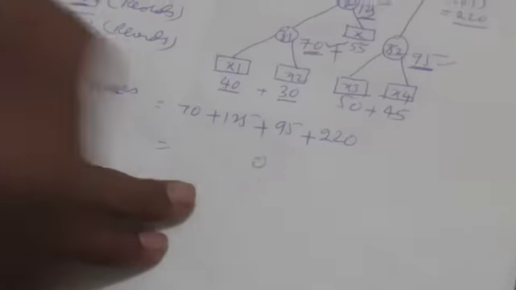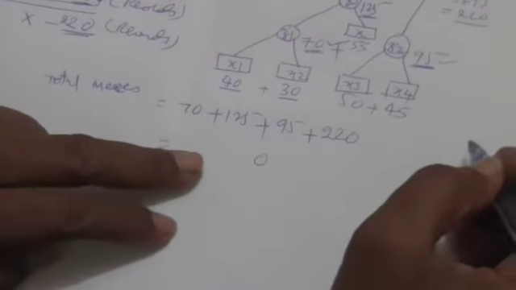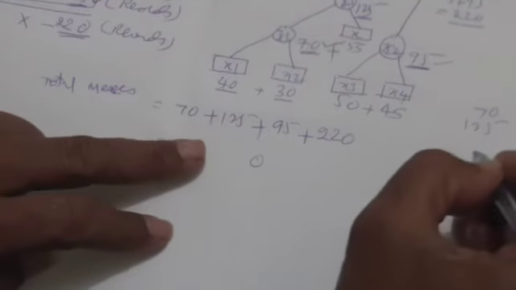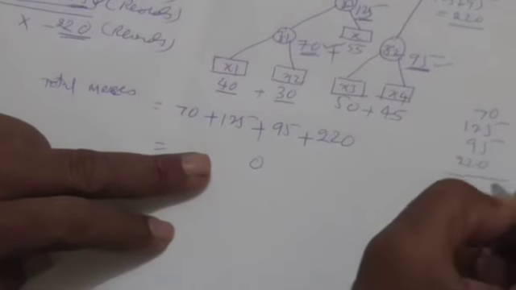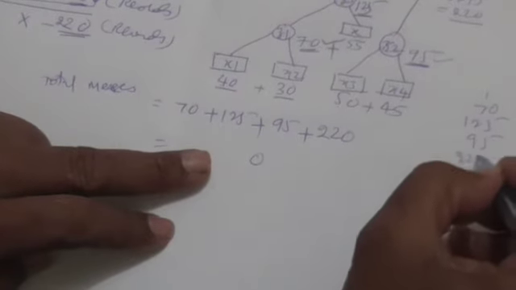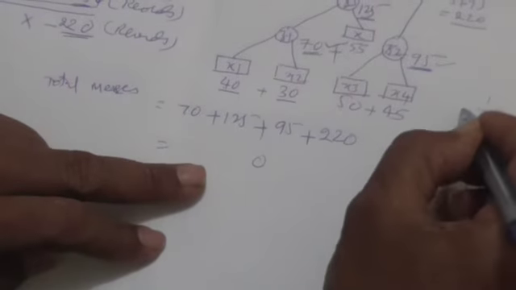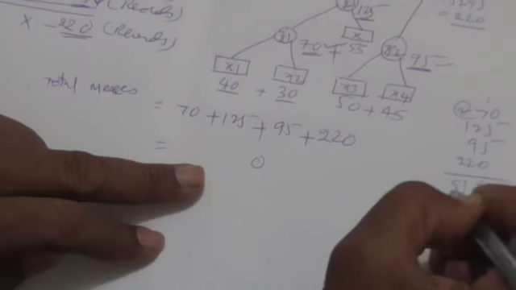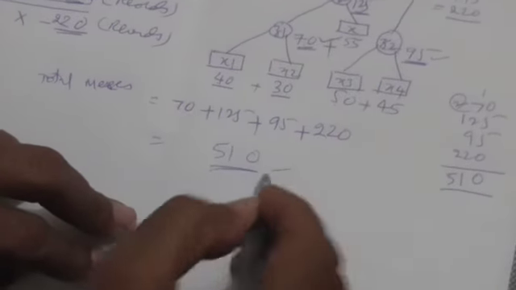This is how you will be answering the problem. So 70, 125, 95 and 220. When you add up, it comes to 510. So the total cost of merges has become 510.